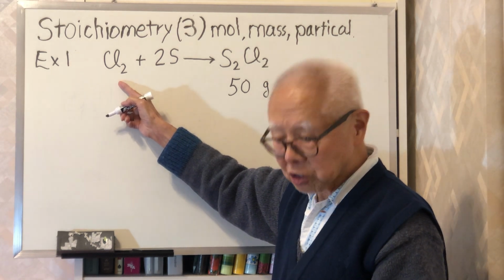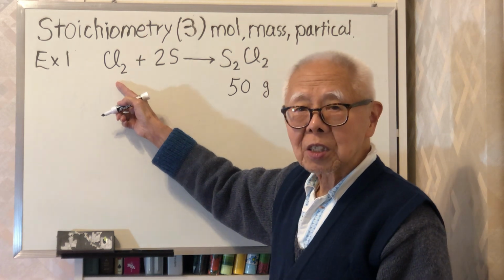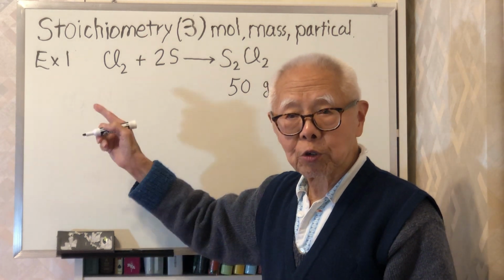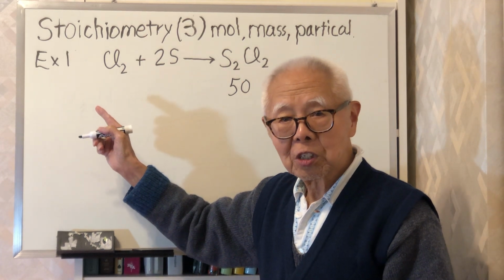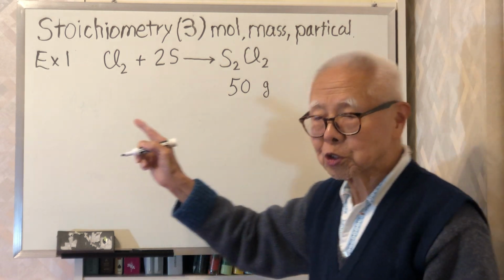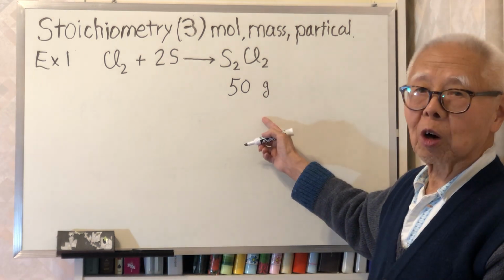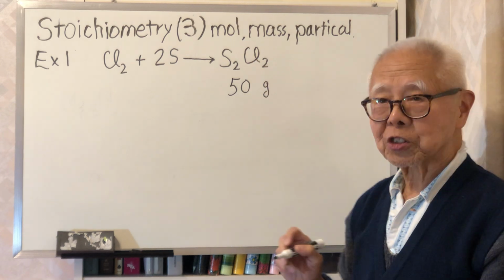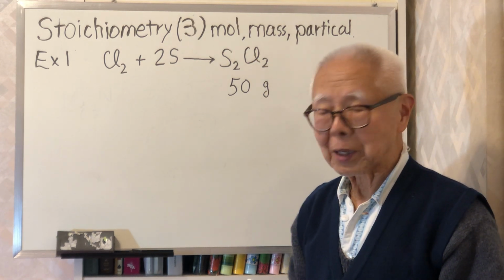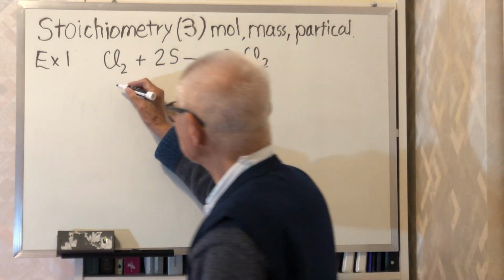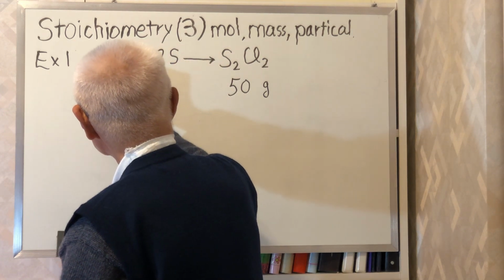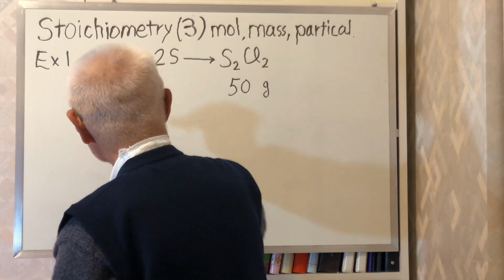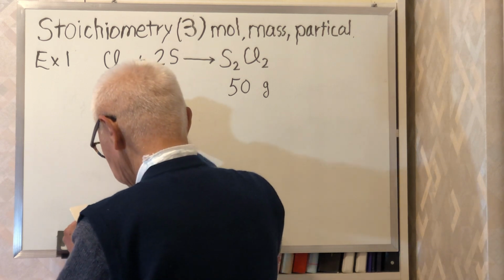Now in this example, how many molecules of chlorine do I need in order to produce 50 grams of disulfur dichloride? So how many particles? X particles.